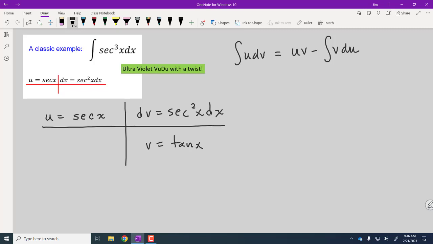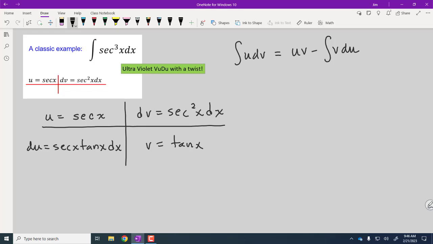And then you'd also have to differentiate secant squared, which would be a total mess also. So this is going to be the easiest way to subdivide the integrand and have something that's pretty easy to integrate and something that's pretty easy to differentiate.